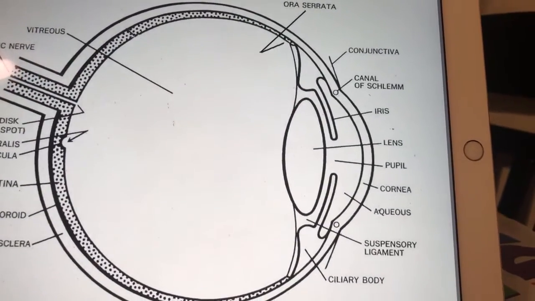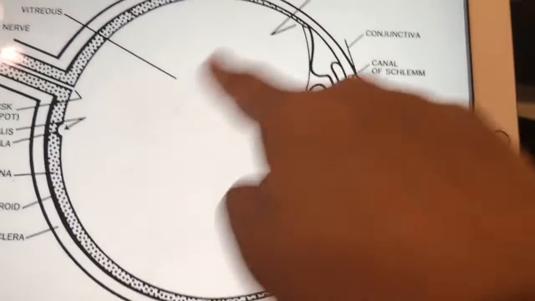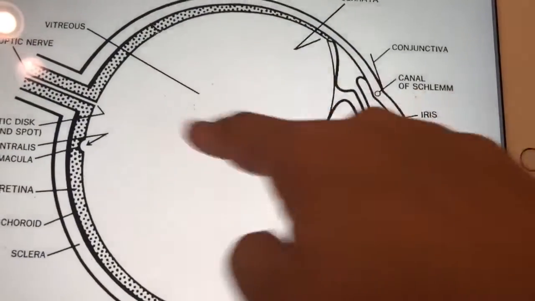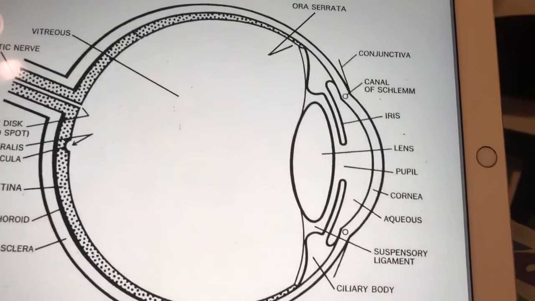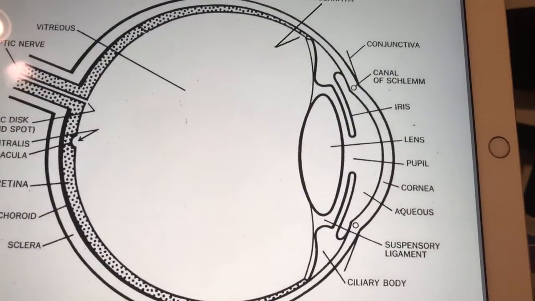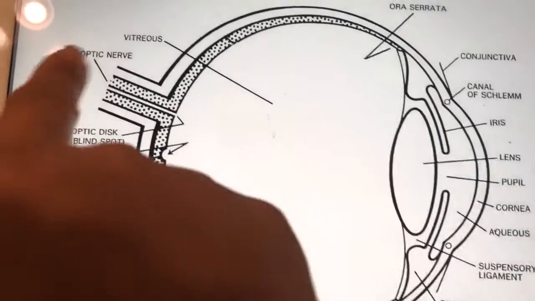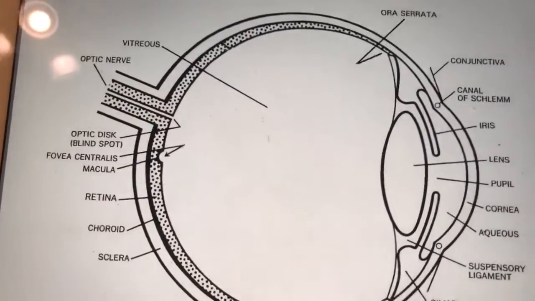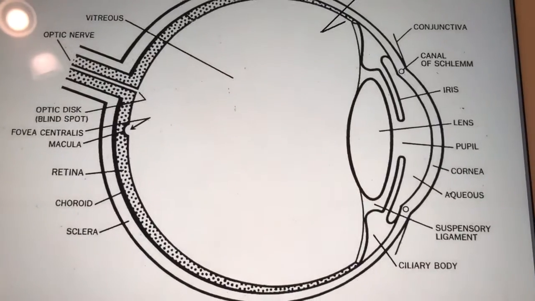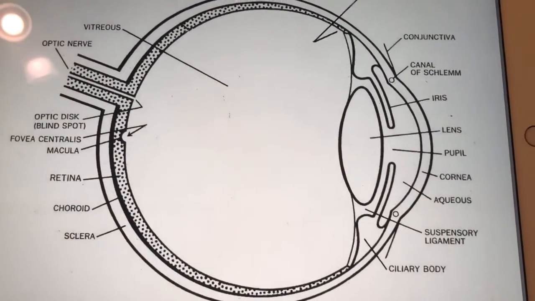The vitreous humor, which is located on this part here, is actually also like a fluid. It's a clear jelly-like substance that fills the posterior segment of the eye behind the lens. The optic nerve, which is this part here, is the bundle of fibers that carry vision-related impulses from the retina to the brain.